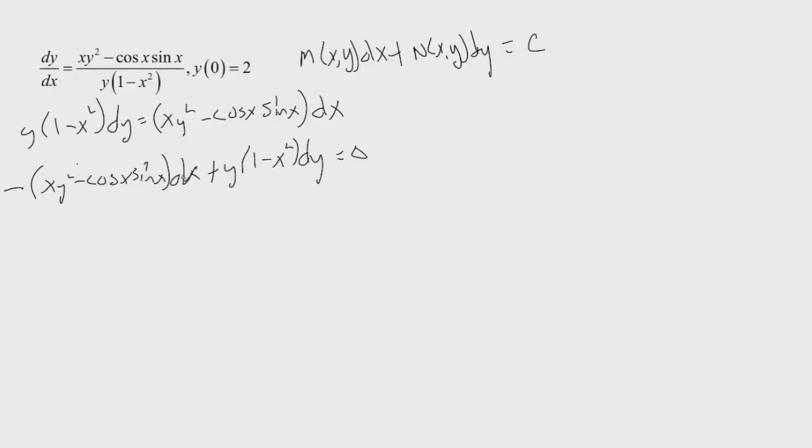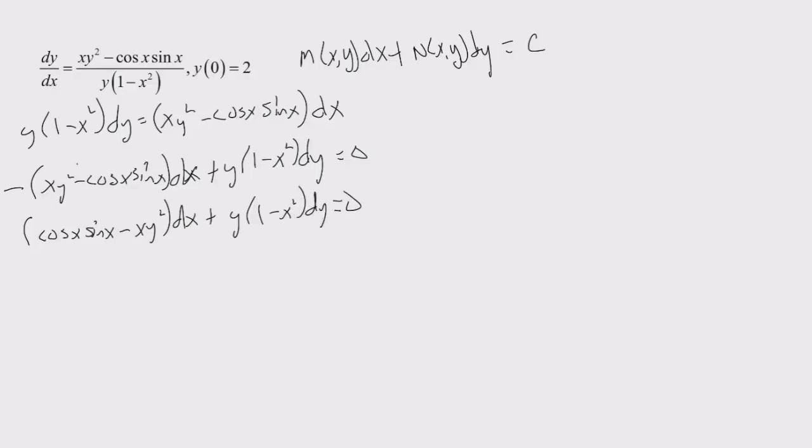Okay, so that looks a little bit better. Negatives sometimes make me a little nervous, so I'm going to do another clever algebra trick. So I'm going to distribute that negative in, and that's going to give me (cosine x sine x minus xy squared) dx, and then y(1 minus x squared) dy equals 0.